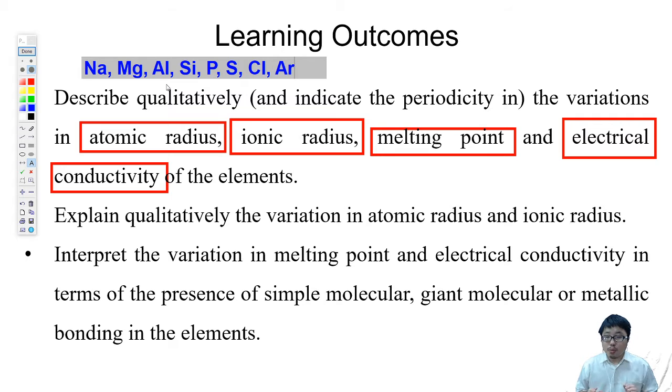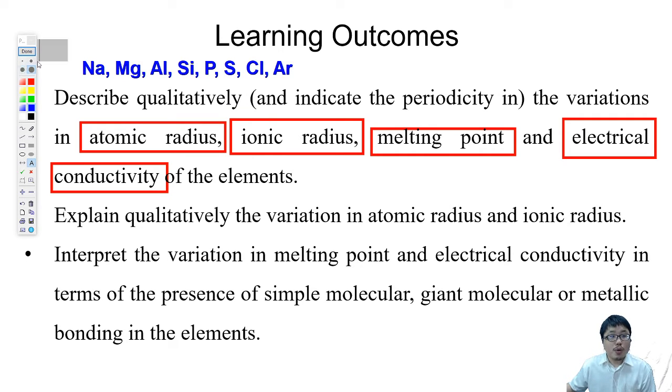We're going to study 2 parts. Part 1, we're going to study the physical properties of them all. So we're going to look at these 8 elements and see how they differ from one another. Is there any trend? And not only are we going to study the trend, we are also going to explain qualitatively.